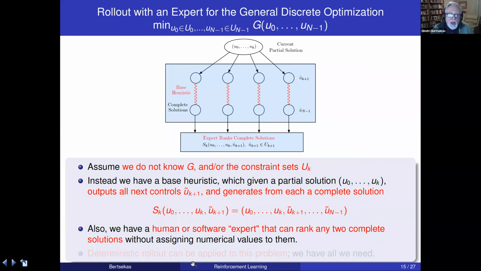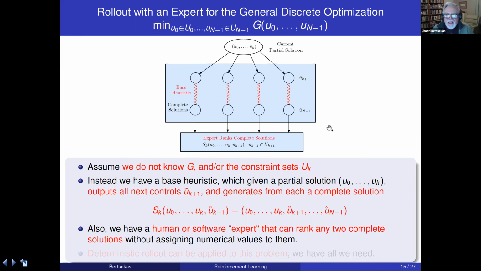And we also have an additional software, the expert software, which tells us which one out of these complete solutions is best. In other words, this one has an internal cost function perhaps, but has the ability to rank the solutions, and it can tell us this one is best or that one is best and so on.